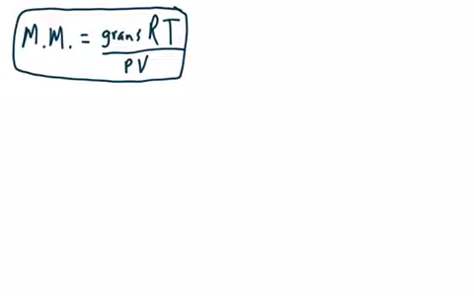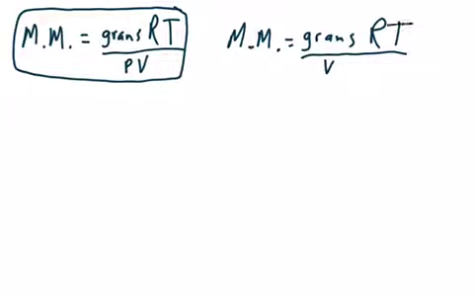Now, let's take this same formula, and I'm going to show you a new derivation. Watch this. If I get molar mass, let me put grams over here, and let me put the volume underneath here. All I did was switch places between P and V. It's the same thing.